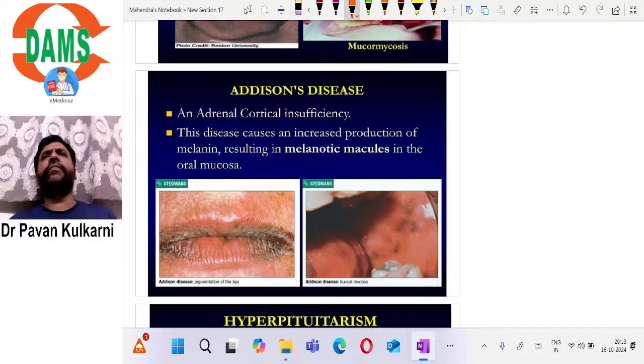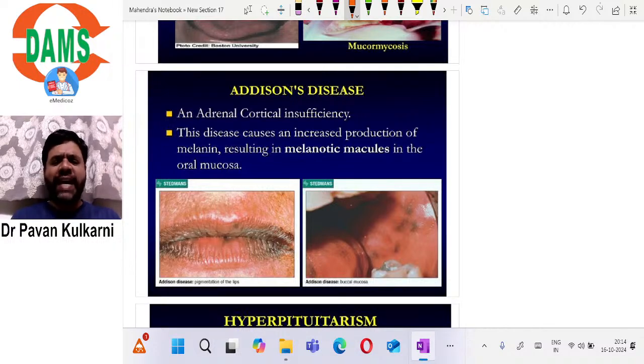Moving on to the next systemic condition, that is Addison's disease. All of us know Addison's disease. It is because of corticosteroid insufficiency. If corticosteroid levels are increased, that is called Cushing syndrome. If corticosteroid level is reduced, that is called Addison's disease.